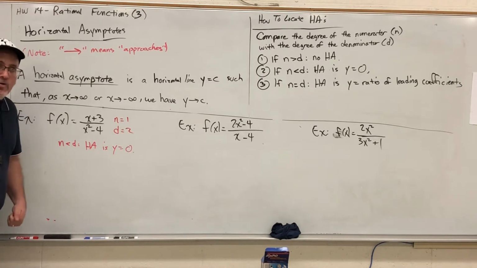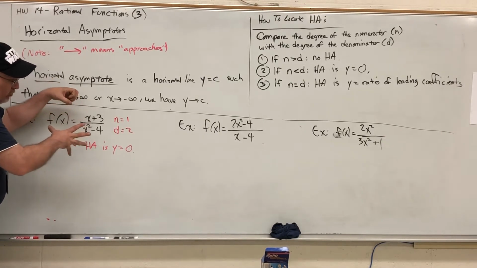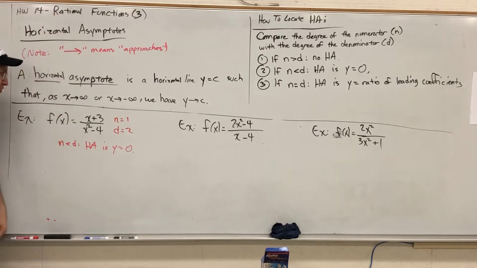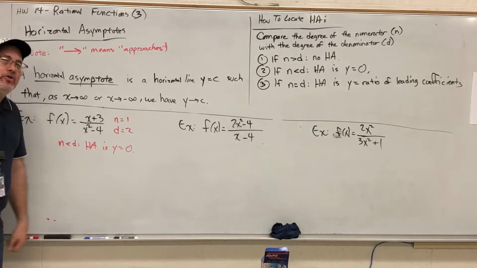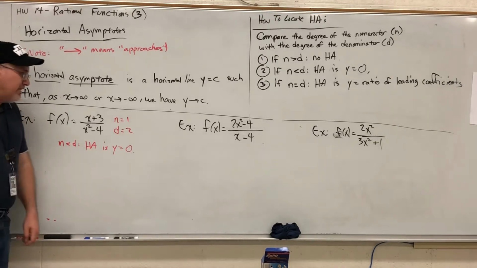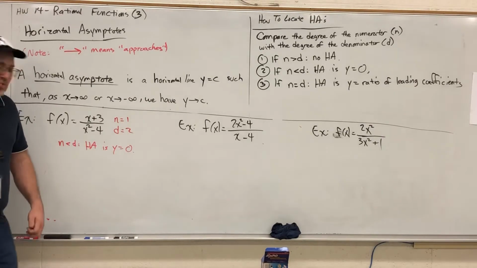It has the bigger power. So as the x's get bigger, both sides of this fraction are growing, but the bottom of the fraction is growing a lot faster than the top. So relatively speaking, it's outgrowing the top, and so the fraction as a whole is shrinking all the way down to 0, or getting closer to 0. If that made sense, great. If not, just remember, bigger power on the bottom, horizontal asymptote is y equals 0.